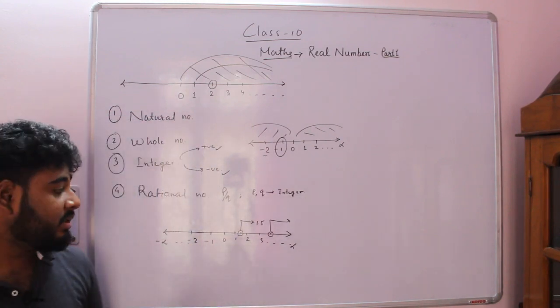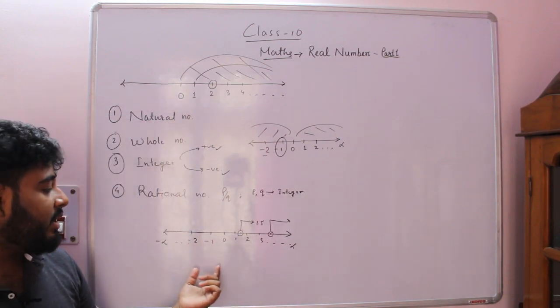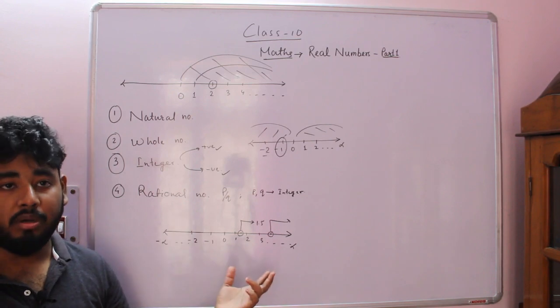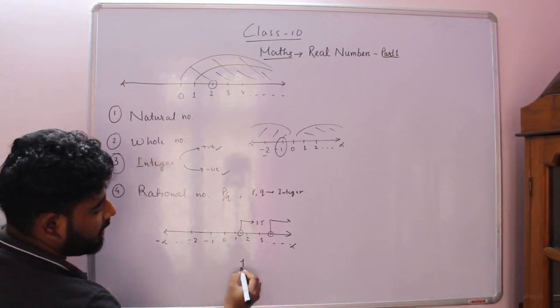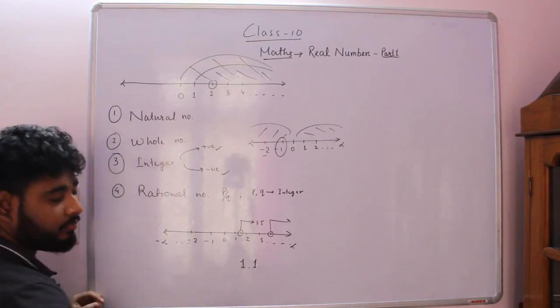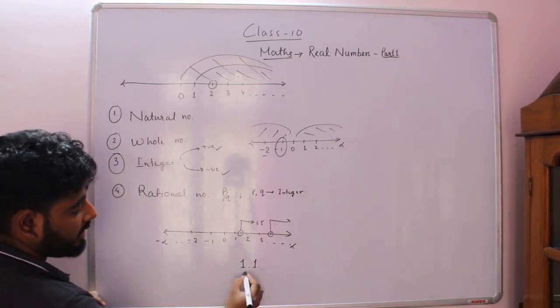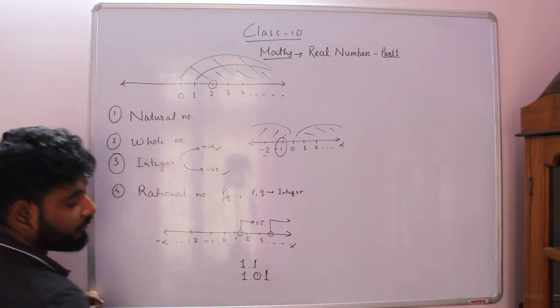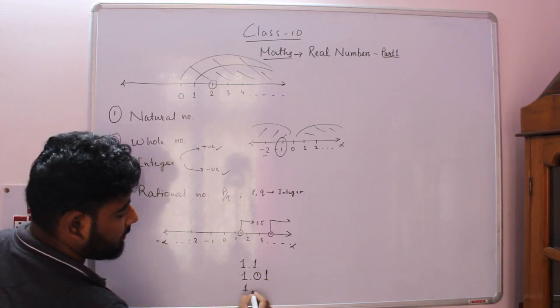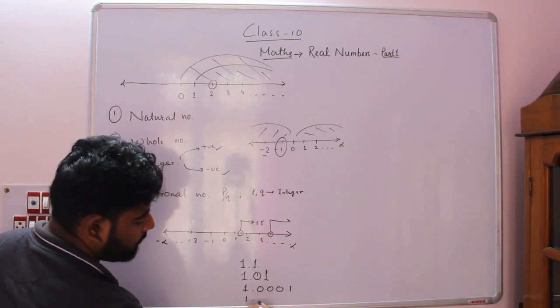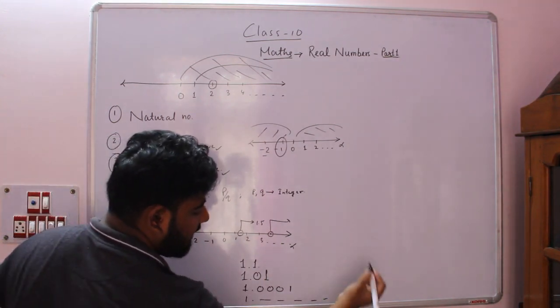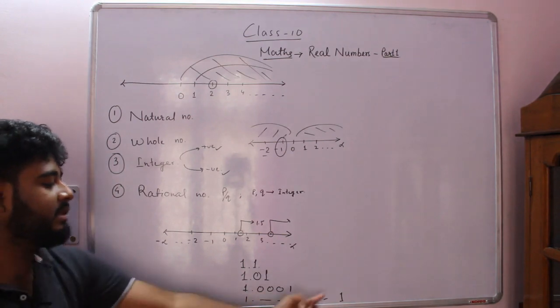Now the question is, what is the next immediate rational number after 1? You might say 1.1, or 1.01, or 1.0001, or maybe 1.000 with a lakh zeros and then 1.